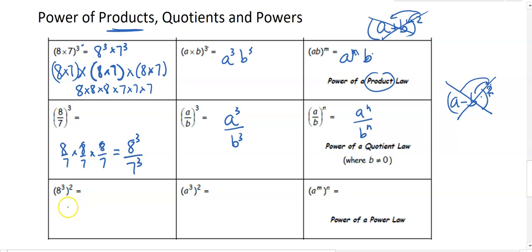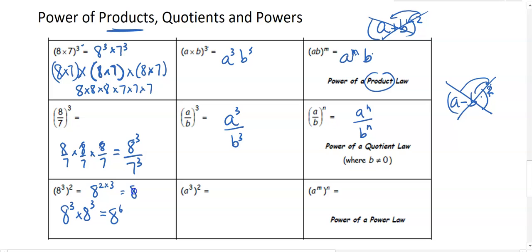8 to the power of 3 raised to the power of 2 is 8 cubed twice, right? Well, if I have 8 cubed twice, I have 2 groups of 3, right? 2 groups of 3 is 6. Or in other words, we can just say 2 groups of 3.